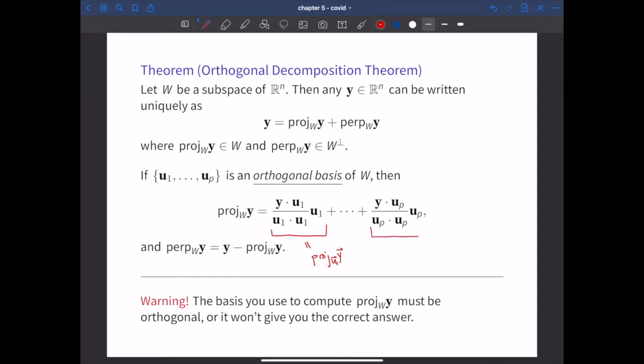And likewise, all of the other terms in this formula are just the terms you would see if you wrote down the projection of y onto the uj basis vectors. And so this corresponds to the idea that instead of projecting directly down onto the plane W, we can instead project onto the individual basis vectors and then add them all up at the end.